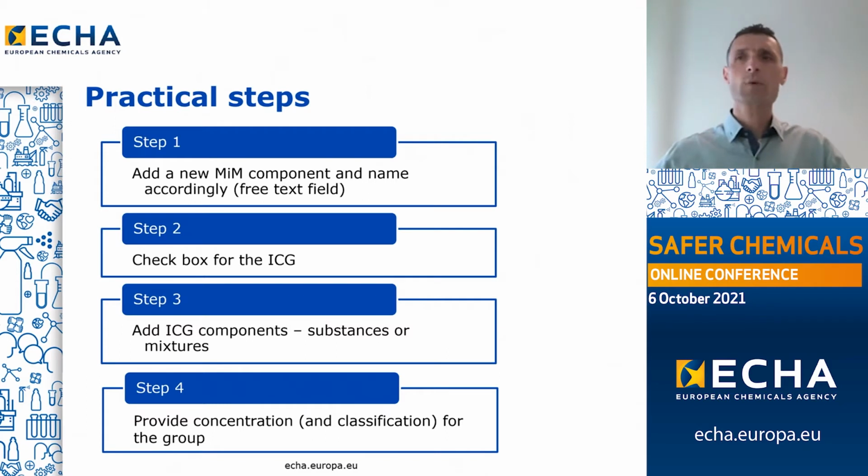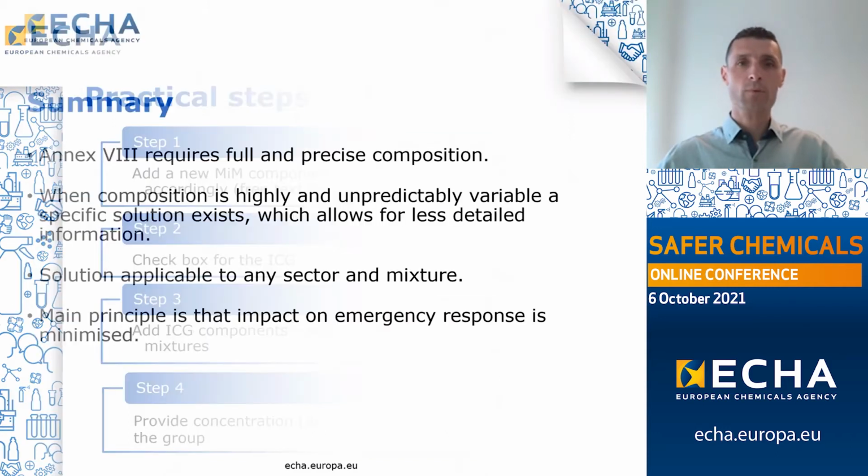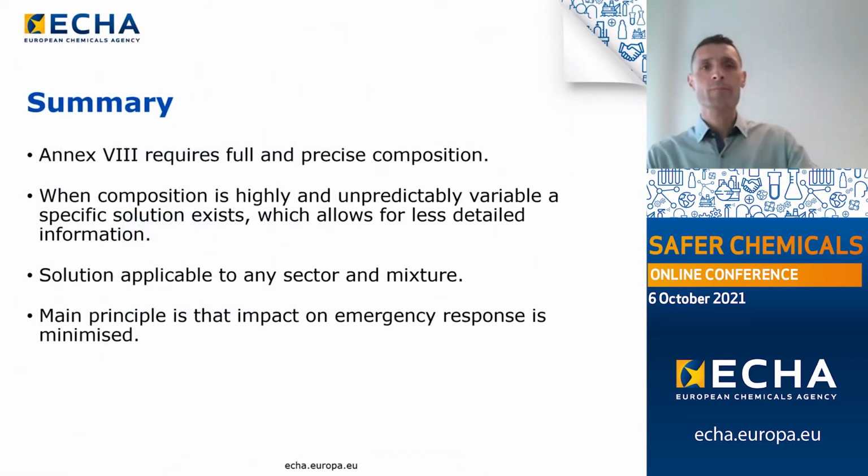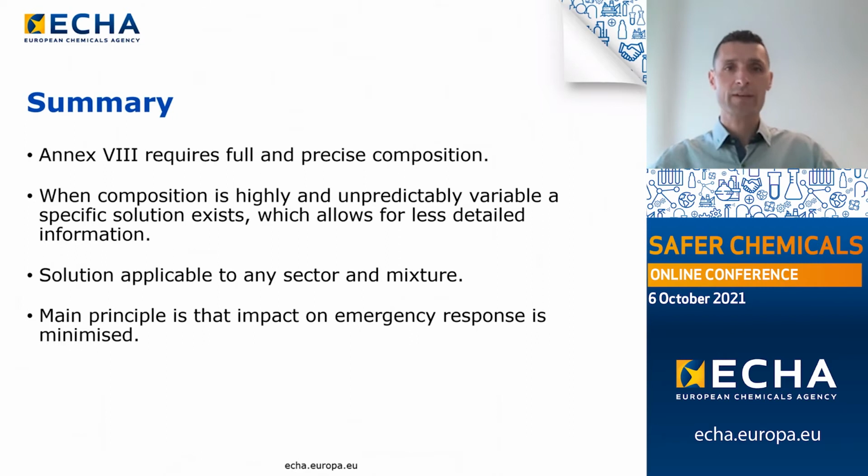Finally, you will provide the concentration and the classification for the group as a whole, and not for each single component. So finally, Annex 8, as we know, requires, for specific reasons, full and precise composition.